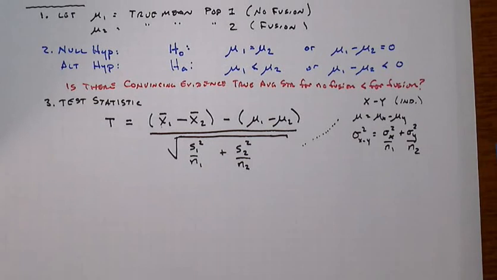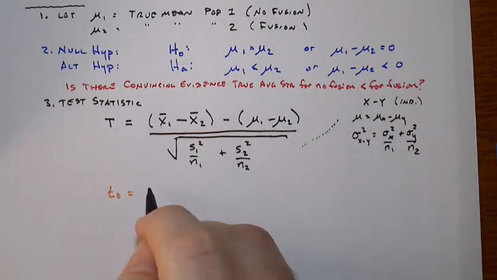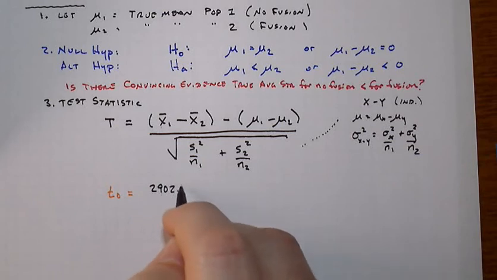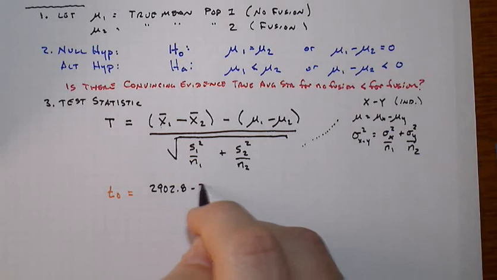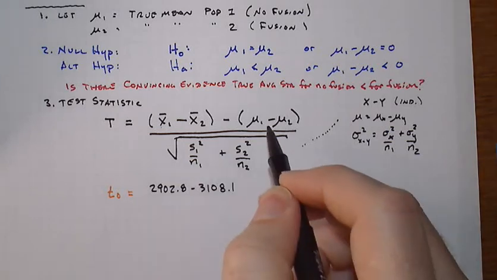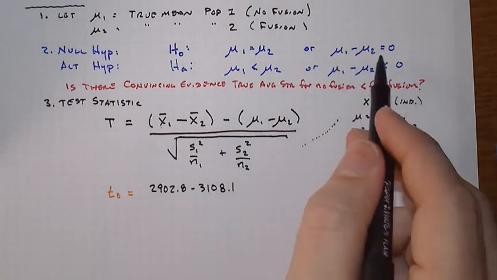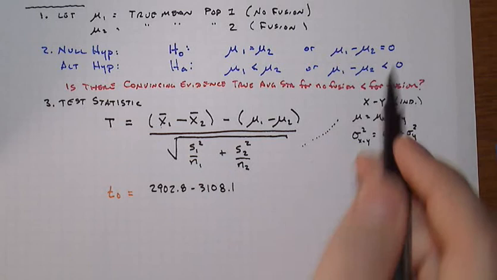So for our specific situation then, our computed test statistic, we've got 2902.8 minus 3108.1, and note that in our null hypothesis situation, mu1 minus mu2 is 0.